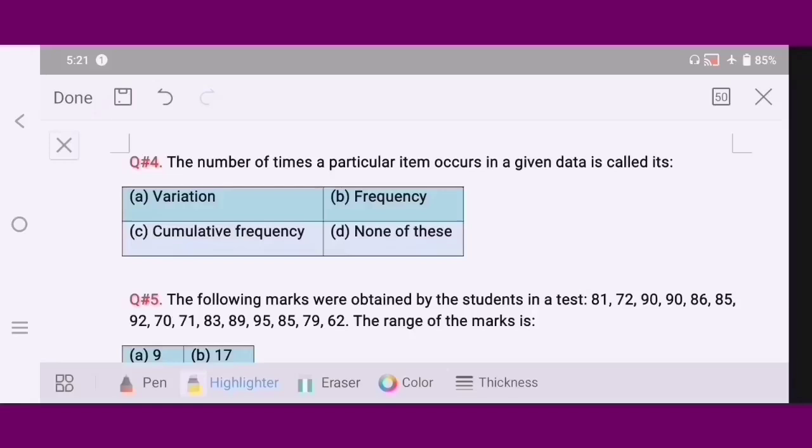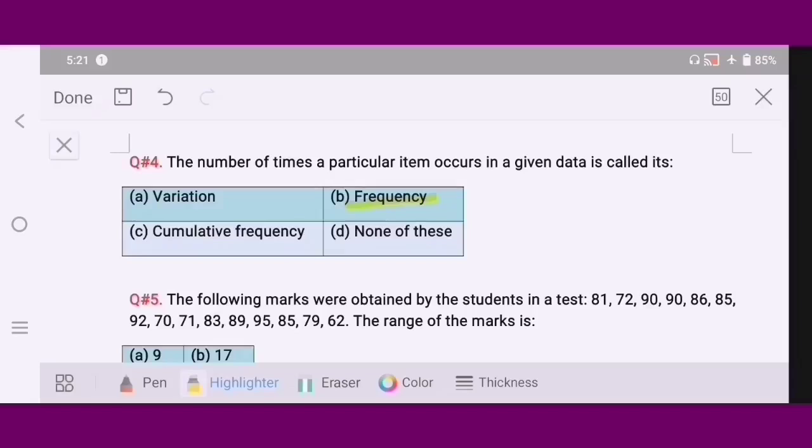Variation is basically about the dispersion, just like something varies or differs from the central value. Cumulative frequency is like accumulation, a sort of addition. So cumulative frequency and variation are not the right options. The right option is the frequency.